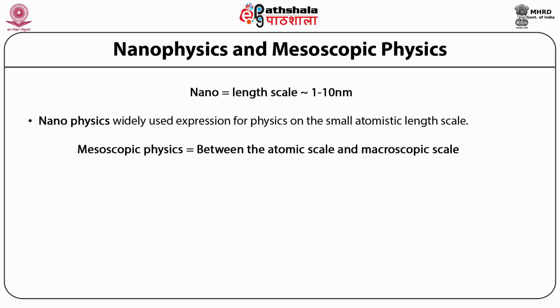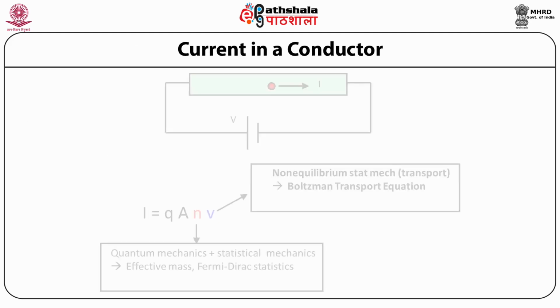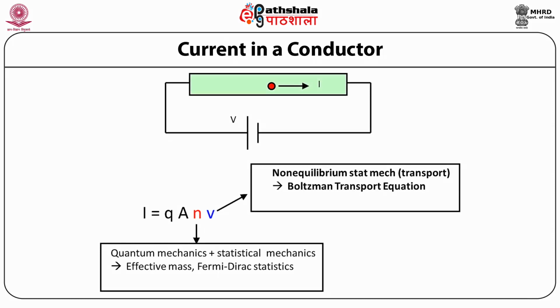But the two types have common ground: the wave nature of electrons becomes important, and the quantum scattering theory of electron transport, or current in a conductor, that is, quantum transport.